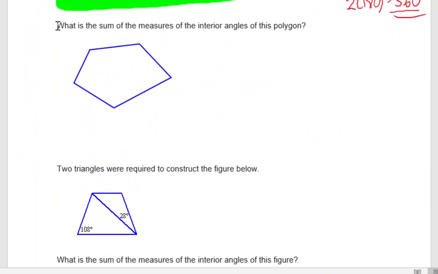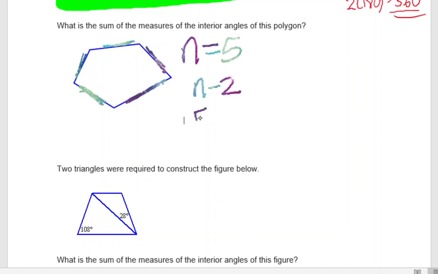We've got what is the sum of the measures of the interior angles of this polygon. To answer this question, the first thing I'm going to do is count the sides. 1, 2, 3, 4, 5. So n equals 5. N represents the number of sides.